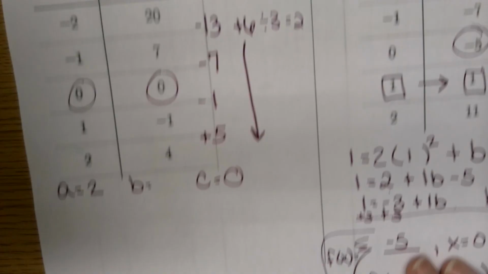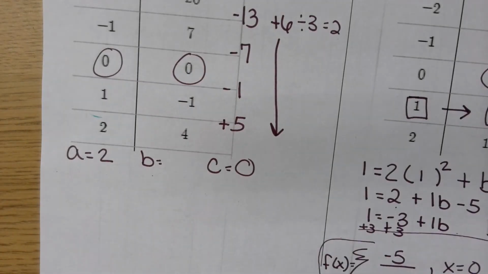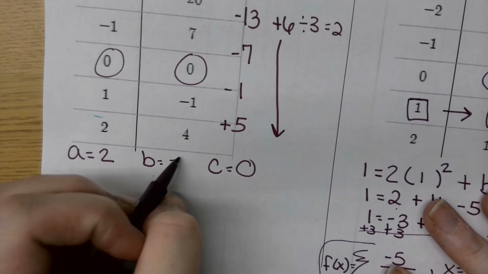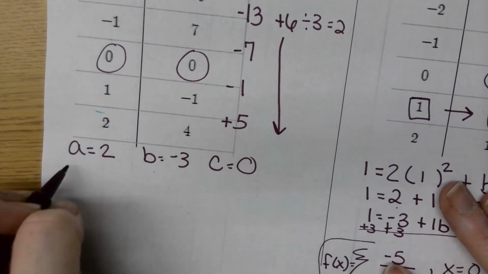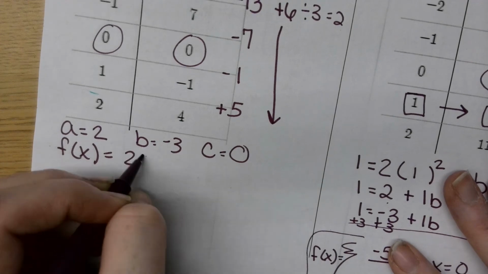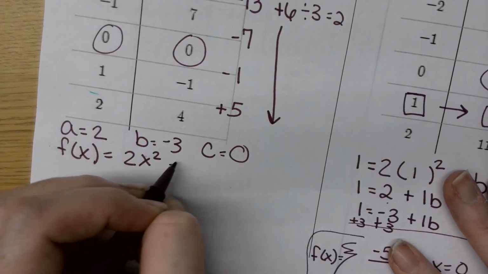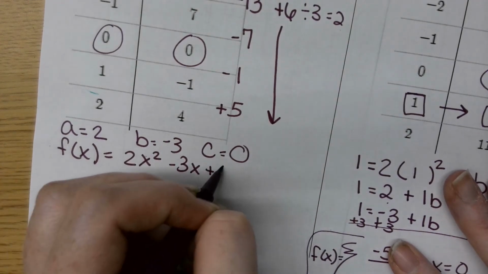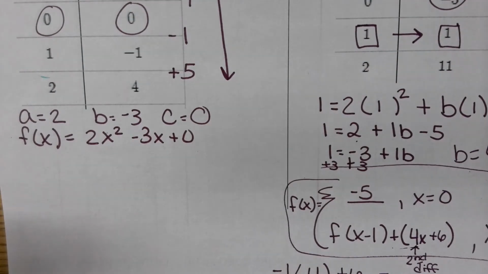Okay. Go ahead and plug that in. Rewrite your function f of x equals 2x squared minus 3x plus 0. Now I need to find my recursive.